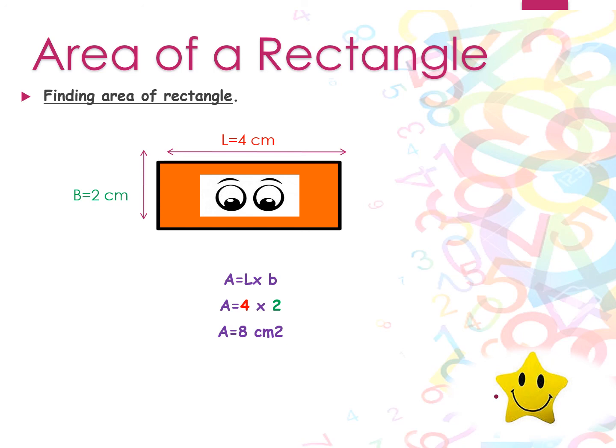Therefore, the formula is length into breadth. Here is an example where length is 4 cm and breadth is 2 cm. And we get the area by multiplying length into breadth. And our area is 4 multiplied by 2, which equals to 8 centimeter square.